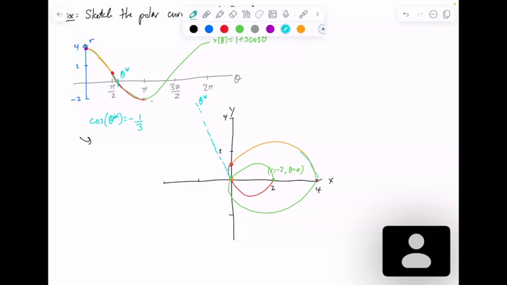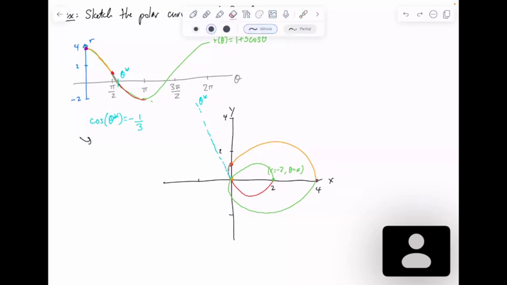For every single angle here, r is always positive or at least non-negative. Finally, your r disappears at this critical angle theta star, you've come back to the origin and you've hit this orange point here.